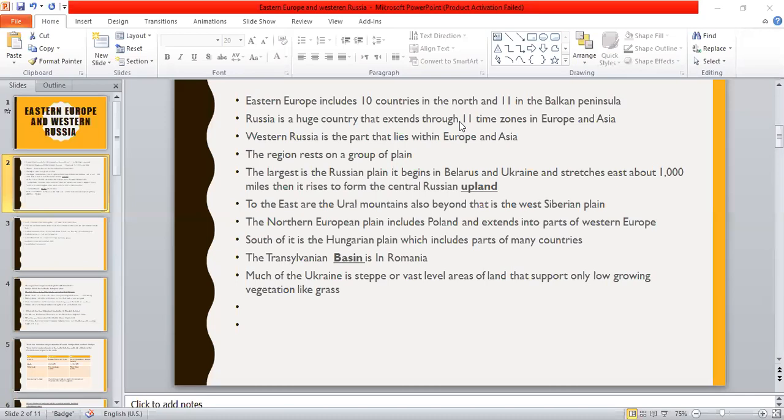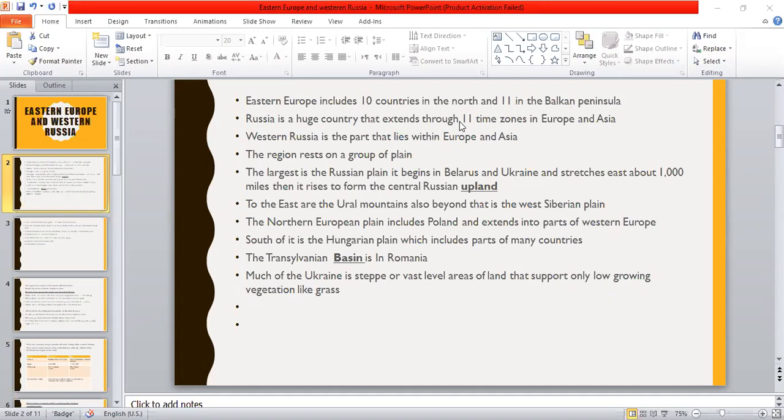The Transylvanian Basin is in Romania, and much of Ukraine is steppe, or vast level areas of land that support only low-growing vegetation like grass.